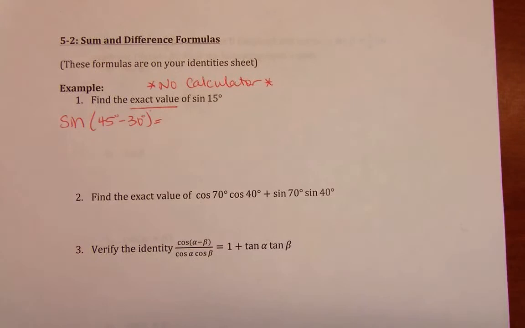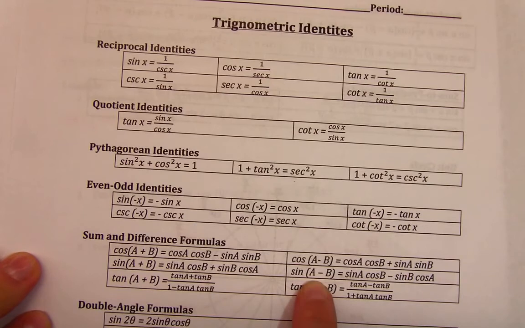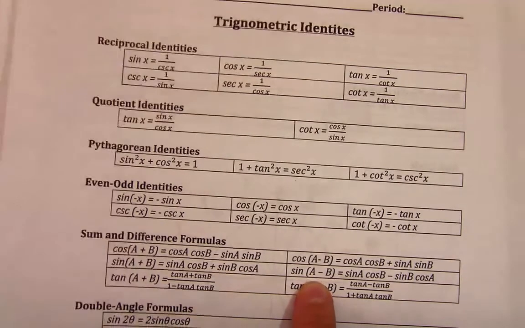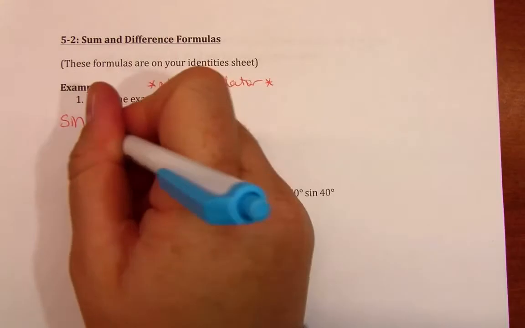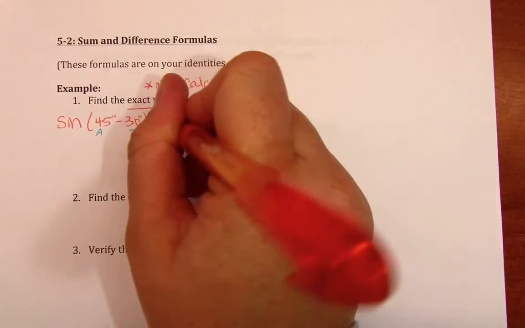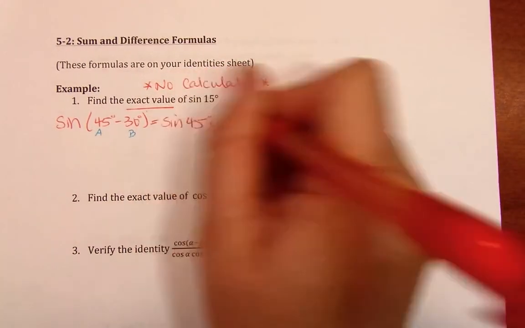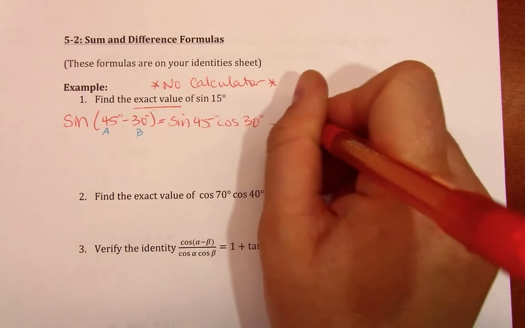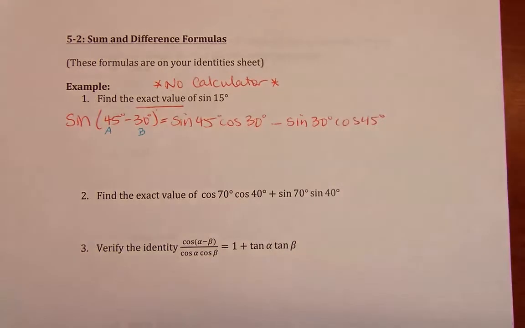So using the sine difference formula, I'm going to use this formula right here, where A is 45 and B is 30. So this is my A and this is my B in that formula. So I have sine of 45 cosine of 30 minus sine of 30 cosine of 45.